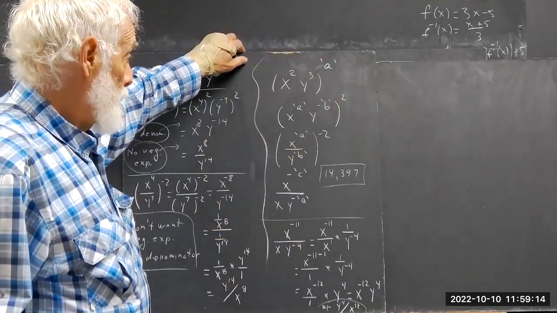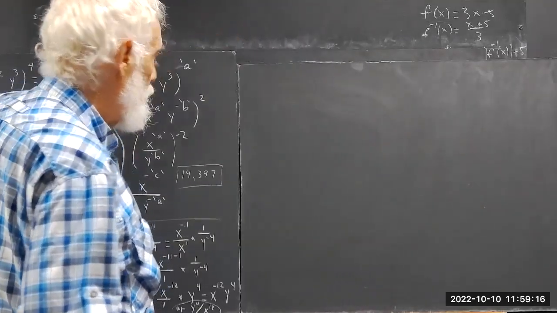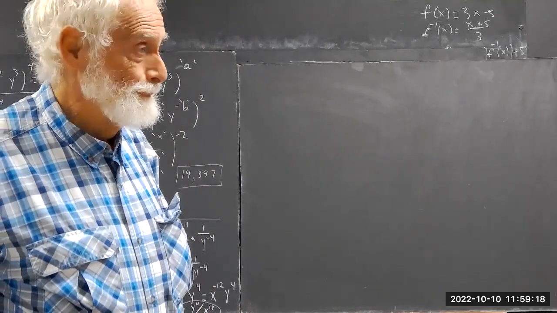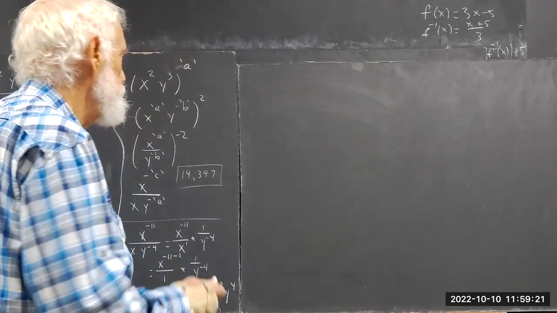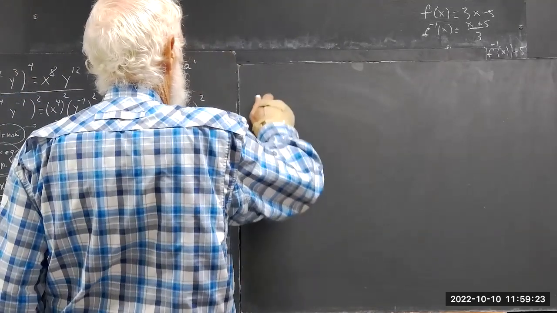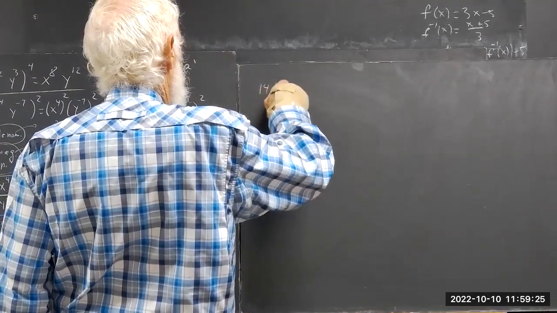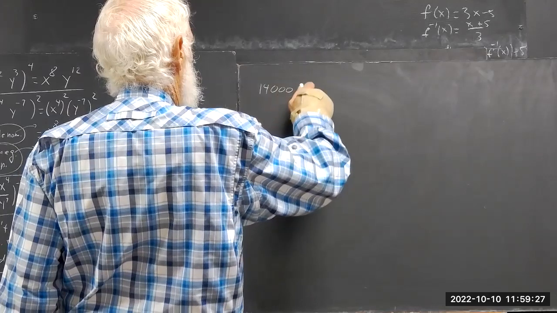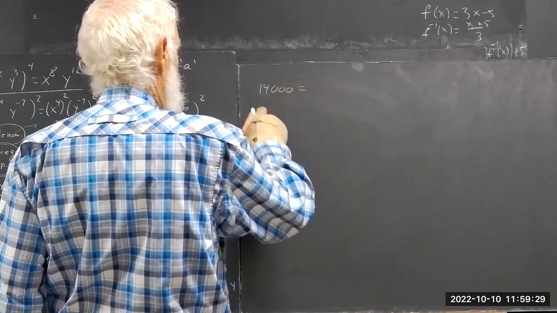All that comes down to, let's just take my first estimate, 14,000. 14,000 equals what?